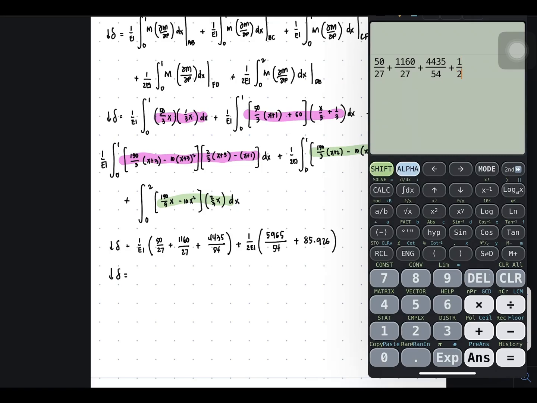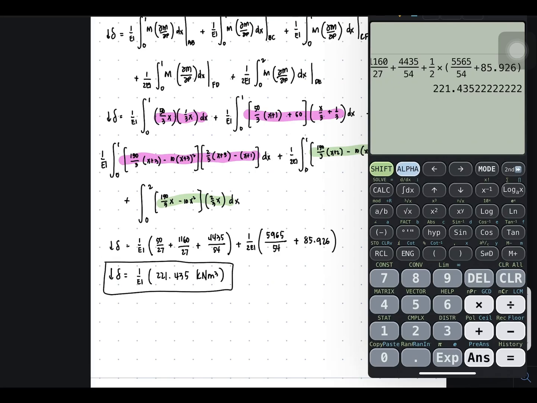so this is 1 over 2 for this one, 5565 over 54 and 85.926. So the answer is 1 over EI for 221.435 kilonewtons cubic meter.